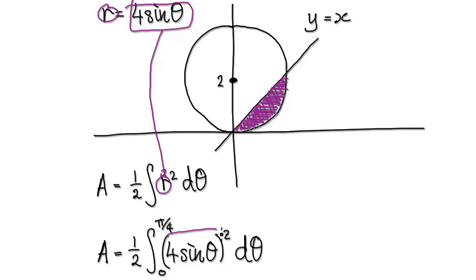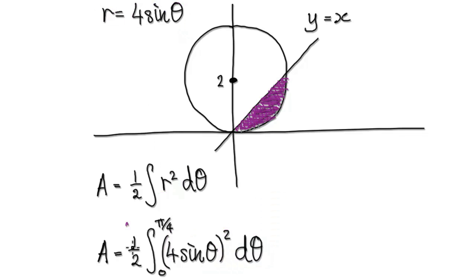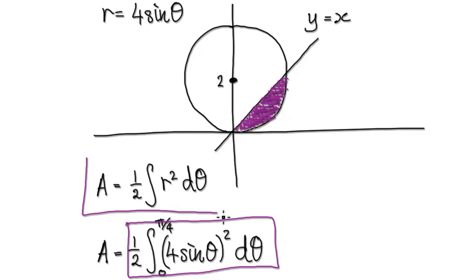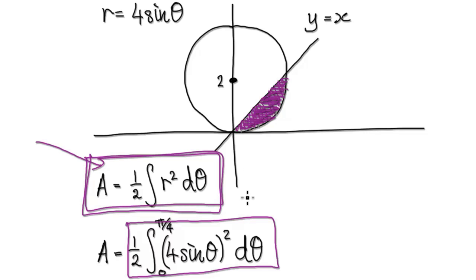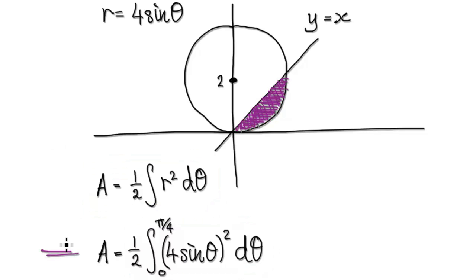So this is our r here, and then we need to square it. And we need to integrate it with respect to the angle. So this area here is given by this thing here. By the way, we've done this before, so I'm expecting you to know that the area in polar form is given by this. Anyway, we are currently at this stage.